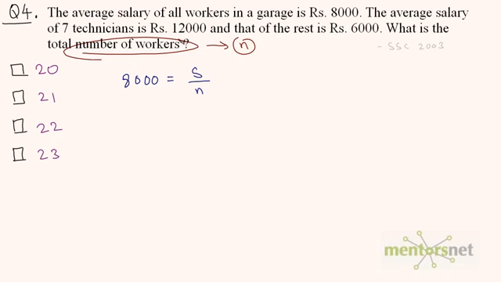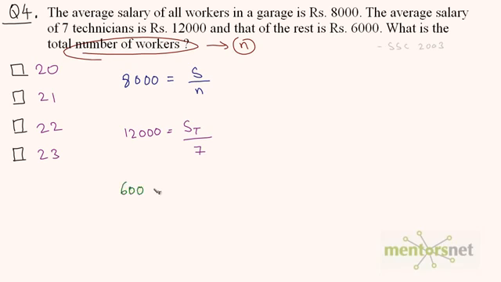Next, the average salary of 7 technicians is 12,000 rupees. So we can write 12,000 is equal to the sum of salaries of technicians, which is ST, let us assume that, divided by 7. And the average salary of the rest of the people is 6,000.